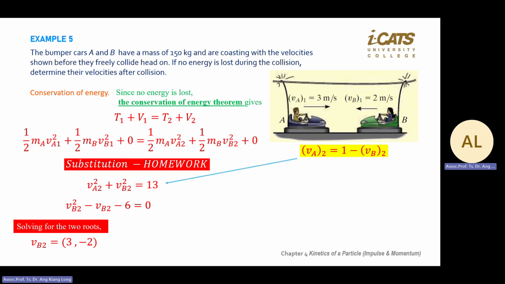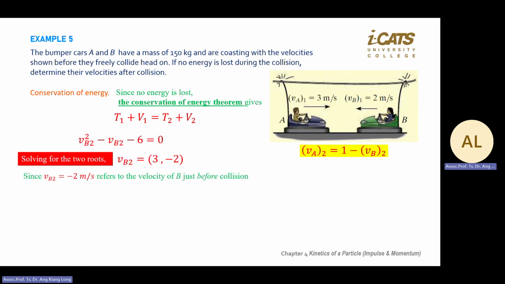This VB is actually the velocity of B. You have two possible velocities for B, either 2 or 3. Before the collision, you're already going to the left at 2 meters per second. So this is before.